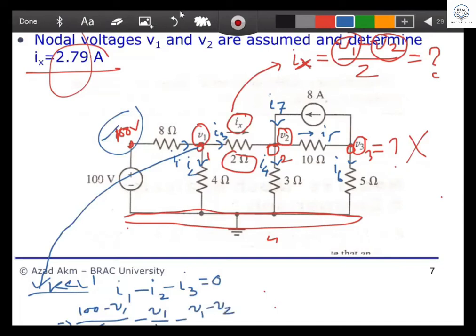Sir, the screen cannot be seen. Oh, the screen cannot be seen? No, it can be seen. You can zoom out the page. What do you mean? We cannot see the equations for KCL1. Oh, okay, I got the point. You should tell me to pull it up.